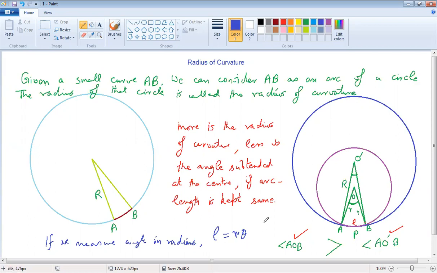So it means L by R is equal to theta. If L is kept constant, radius is increased. So if a fraction has numerator constant and denominator is increasing, what will happen? The fraction will decrease.